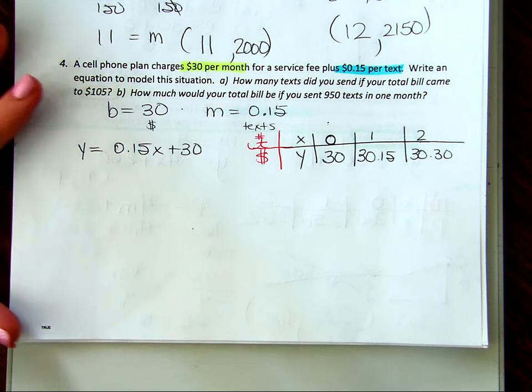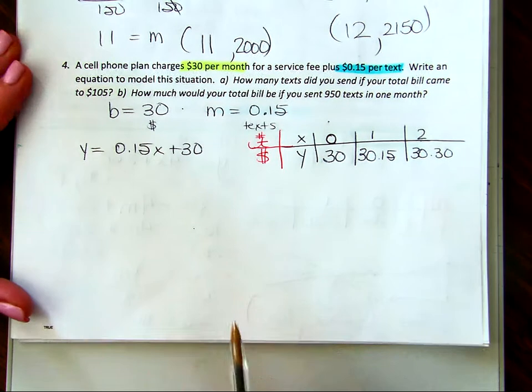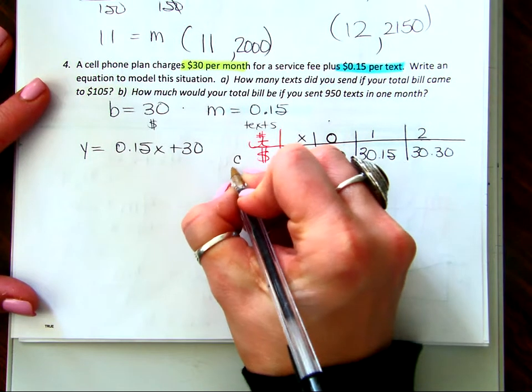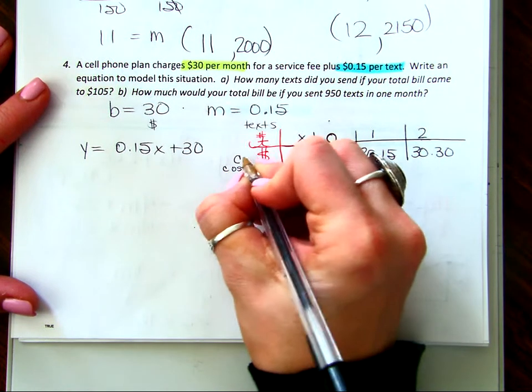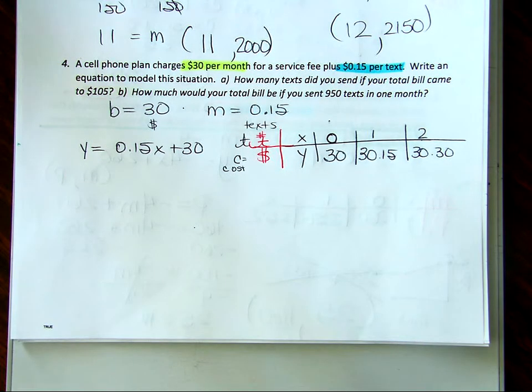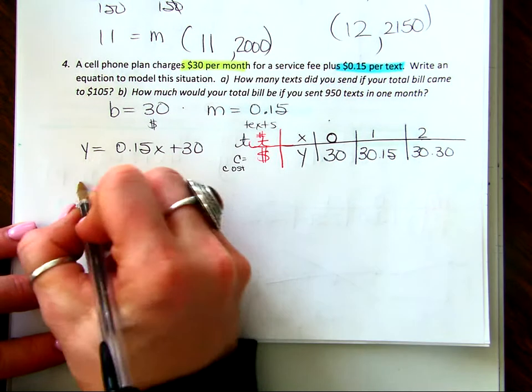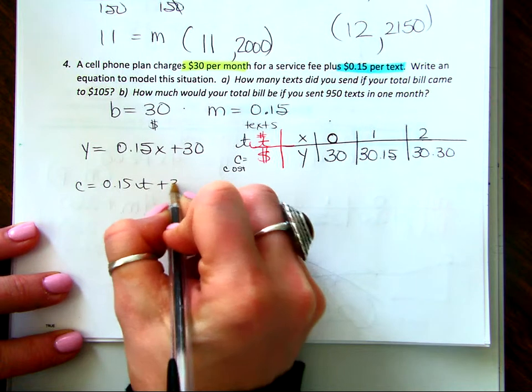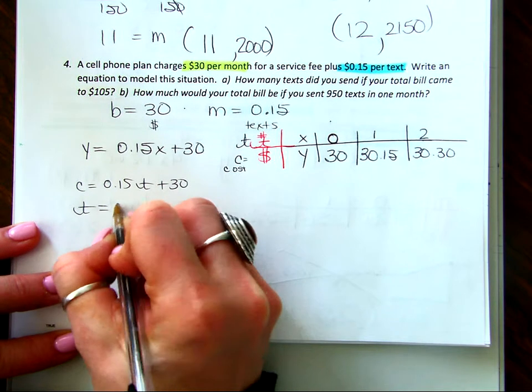So now let's write our fancy new equation, except we're going to use C for cost and T for text. So where does the C and the T go? Because let me tell you, if you put them in the wrong spot, you're not going to get the right answer because you're going to plug it in the wrong spot. So is it C equals 0.15T or T equals 0.15C?